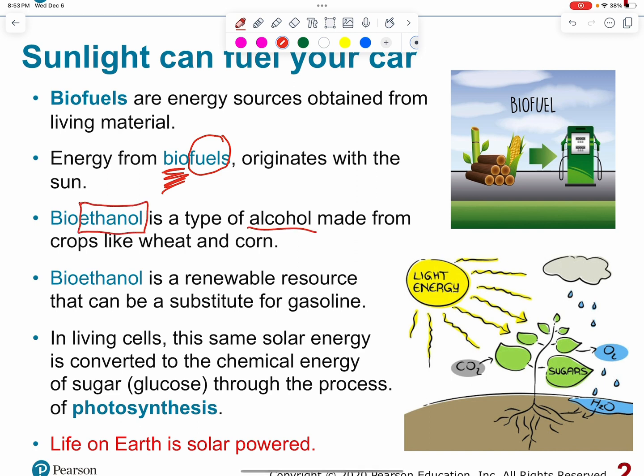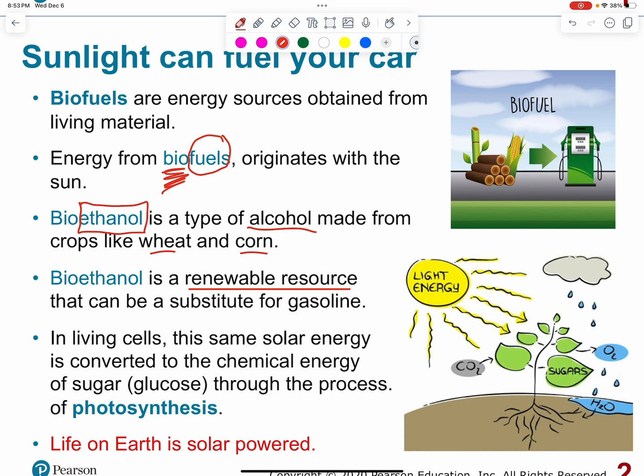That's a type of alcohol that's made from plants like wheat and corn. If you look at the gas station pumps, they will tell you if it contains some biofuels that came from plants. It will say 10% ethanol. It makes the gasoline a little bit cheaper, and it is taking a non-renewable resource of fossil fuels and adding a little bit of renewable resource that can grow again from a plant. So that is pretty cool.